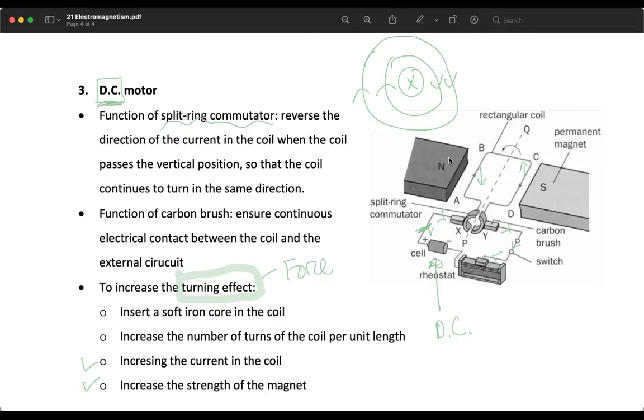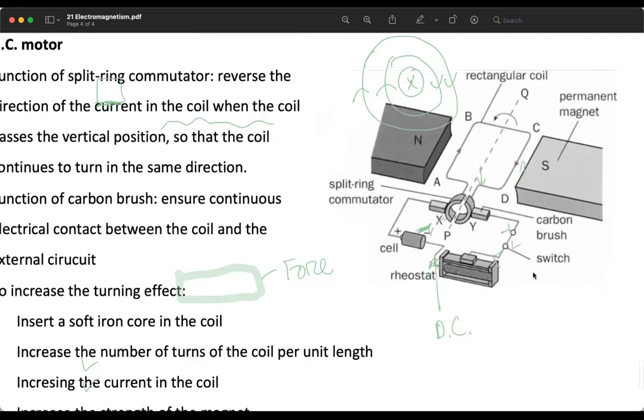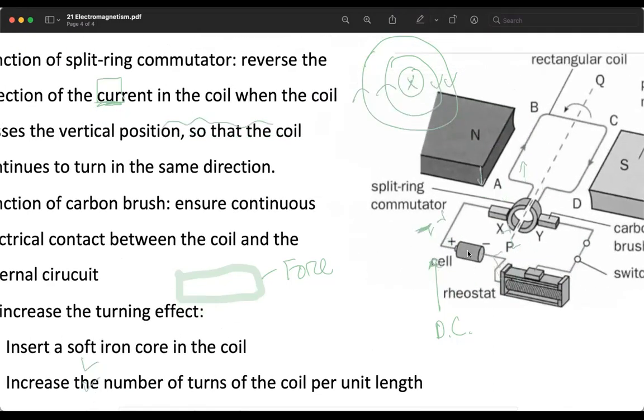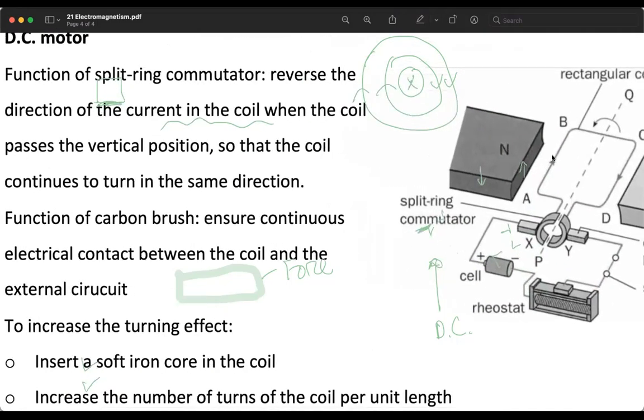Okay, very good. So can you look at this thing here? Now we're going to talk about the last one before we end. Can you all see this? So now can you see this coil will always turn in anti-clockwise. So this split ring commutator will always continue to turn in anti-clockwise as well.